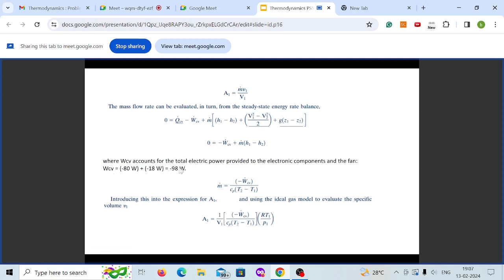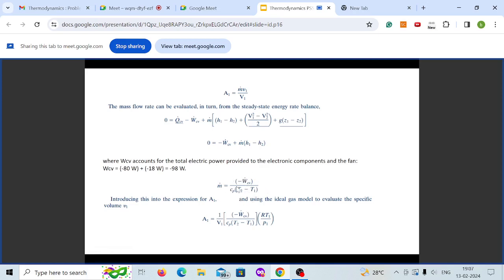So your total 98 watts of electrical power is given to the cooling enclosure. So from here the enthalpy difference is Cp (T1 minus T2). So if you take it to the other side, m dot is minus W by Cp (T2 minus T1).